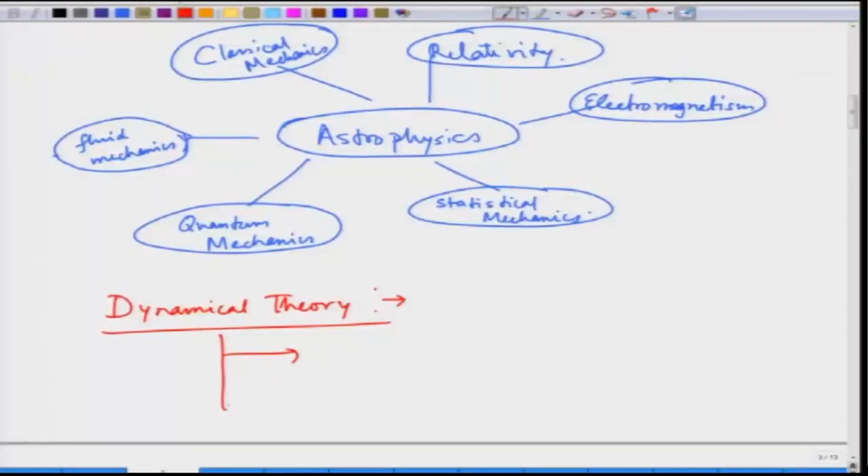Now, a dynamical theory should have 2 components. One is the state variables, another is the law of evolution.